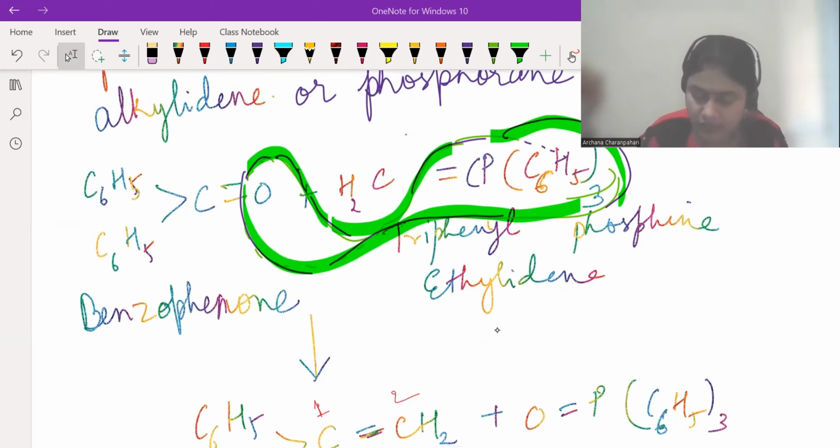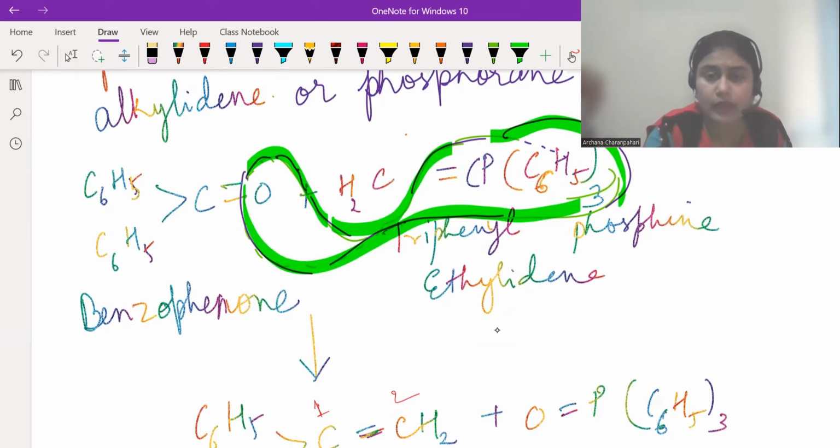Whatever is depicted in green, that triphenylphosphine oxide, is the byproduct. So you can attach O to this P, double bond P and triphenyl group. So your byproduct is there. The rest will be attached to the carbonyl carbon: C6H5, C6H5, C double bond CH2.